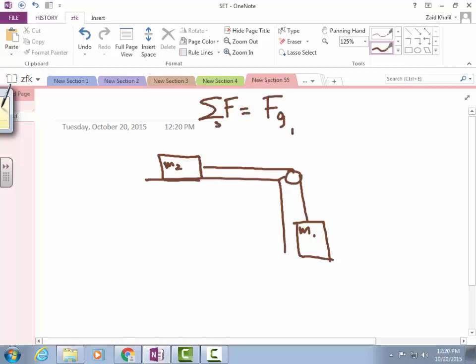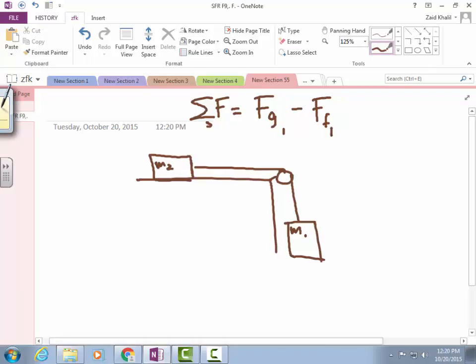What's the retarding force on the system? Well, let's just say it's Ff2. We don't know if it's kinetic or static. And you know what? Let's just make it kinetic. Who cares? Any other forces on this? Yes or no?